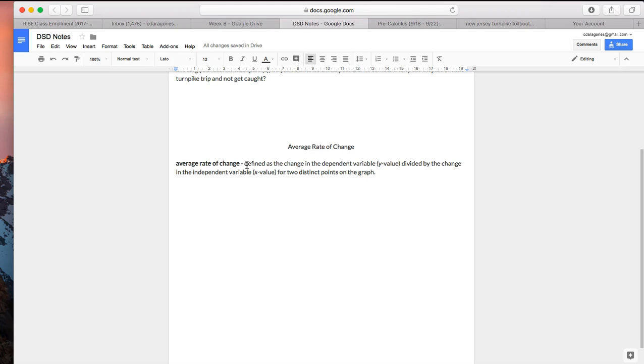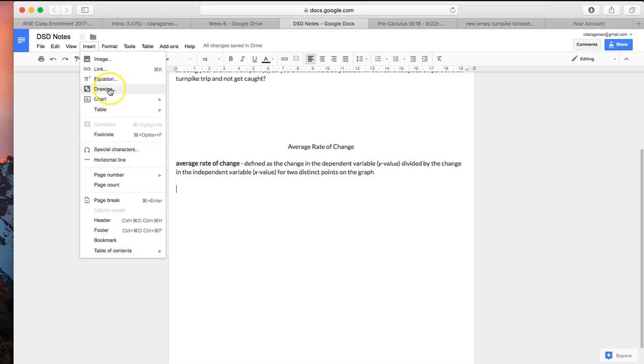Okay, so to show you what the average rate of change looks like, we're going to go ahead and draw a little picture. So we have two distinct points on the graph. That's kind of the important first step, right? We're looking at two different points on a graph.